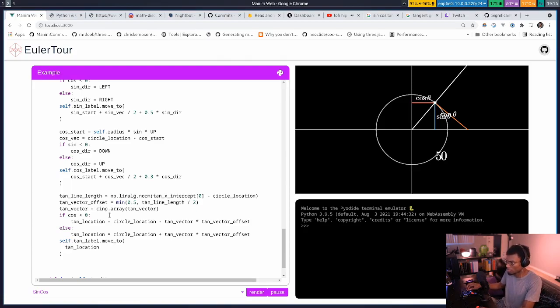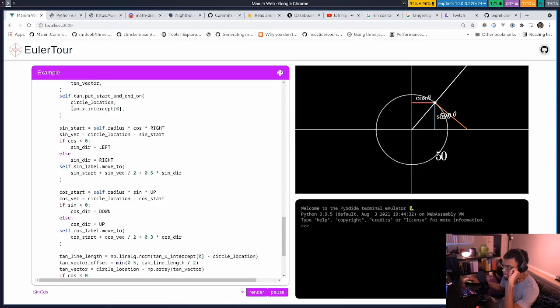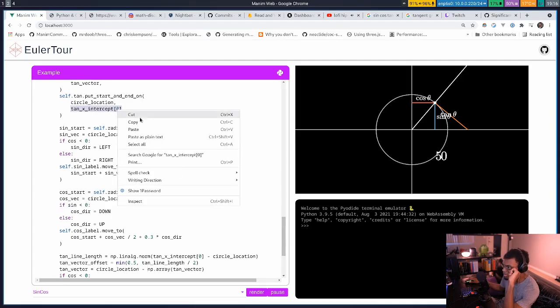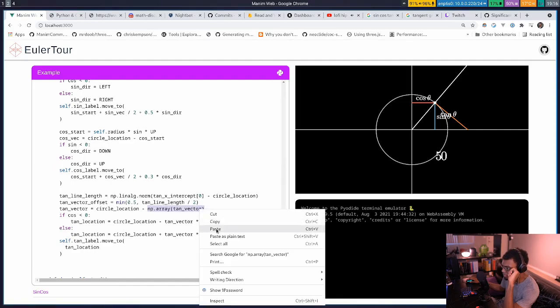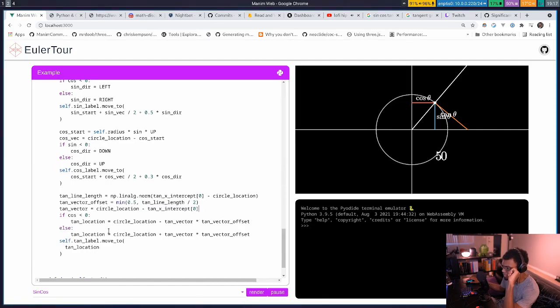If I do this minus the tangent x-intercept, this. And now maybe that'll work.